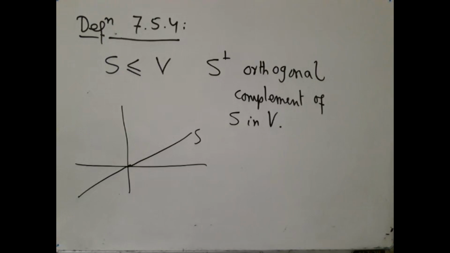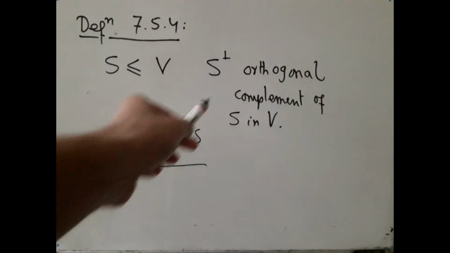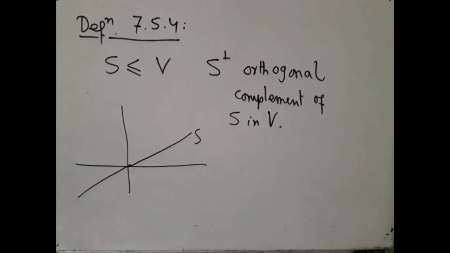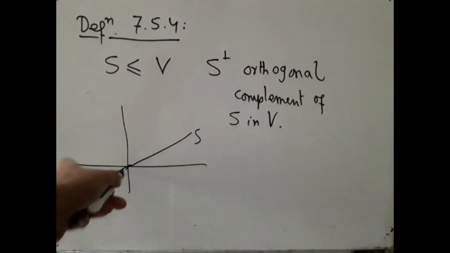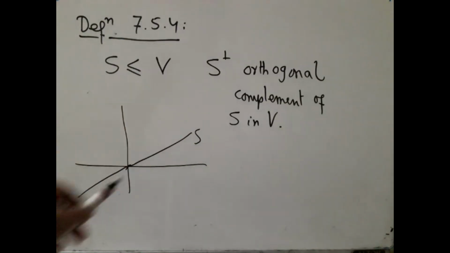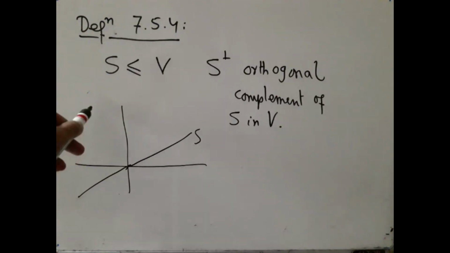Here is an example. Suppose V is R2 and I take S to be this one-dimensional subspace. Remember, in R2 all subspaces are either straight lines passing through the origin, the entire plane, or just the point at the origin. So if I take a line like this, its orthogonal complement is exactly what we expect it to be geometrically.